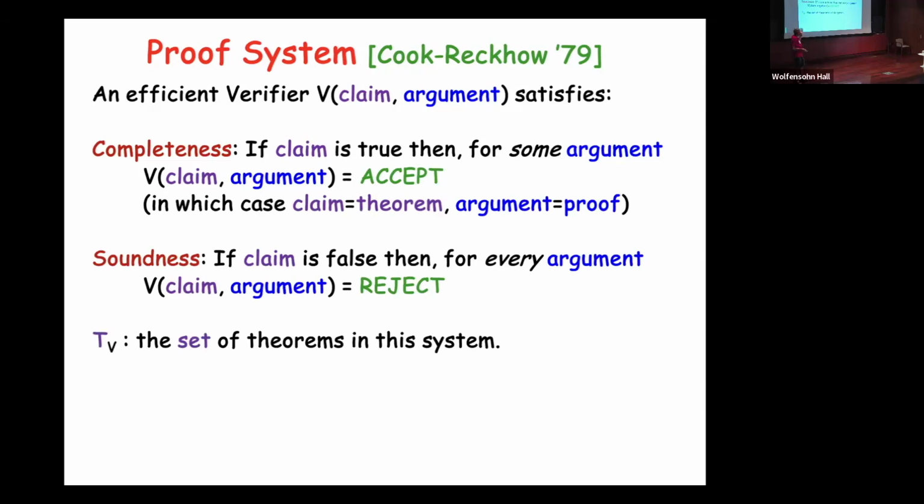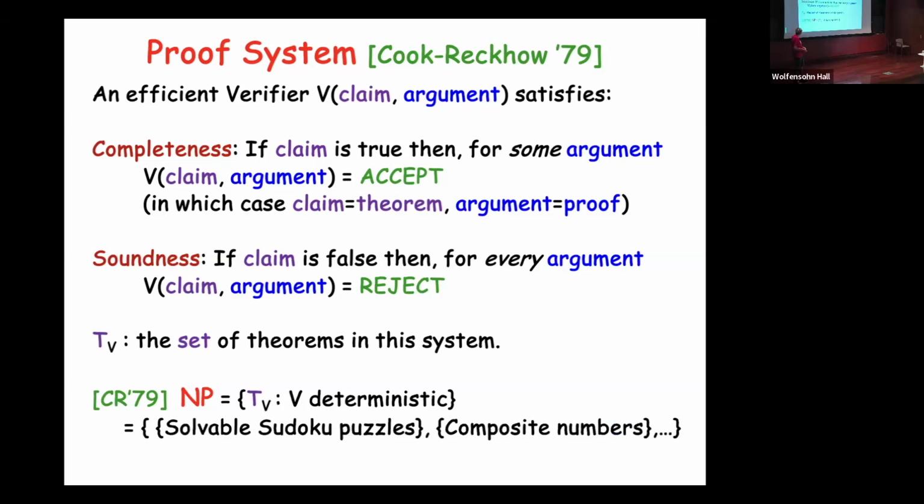Given a proof system, namely such an algorithm V, the set of theorems provable in this system, and now it's very easy to see that the collection of all families of theorems for all proof systems is really the class NP. It's things you can easily convince somebody else of.